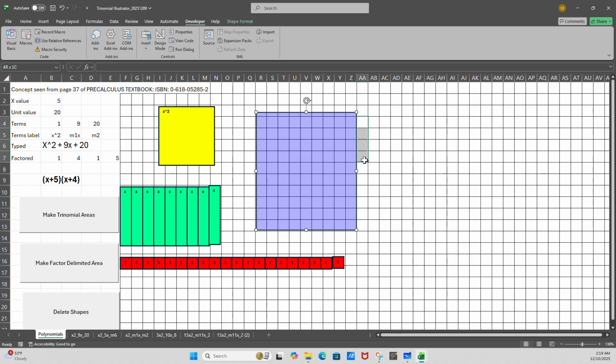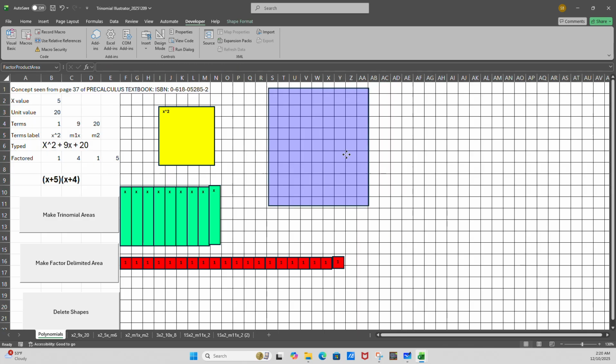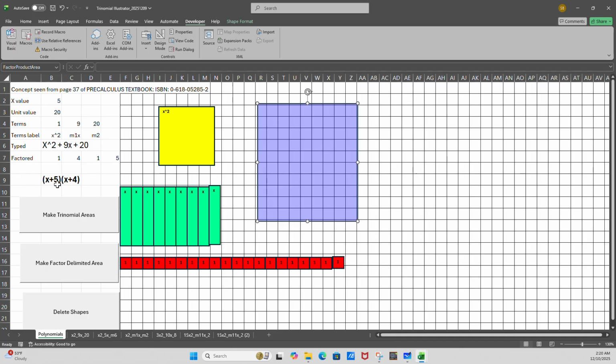See, the columns are numbered, so if we go 1 through 10, that's the height of this rectangle. And then if we count how many rows there are, A, B, C, D, E, F, G, H, I, that's 9. Sorry, that's 9. So that equals this.